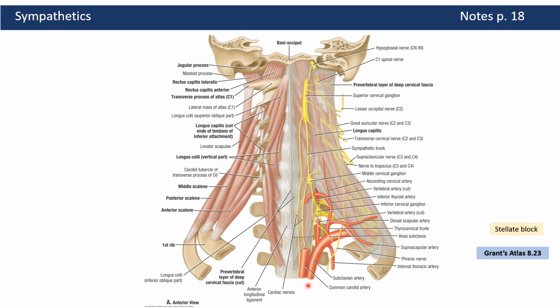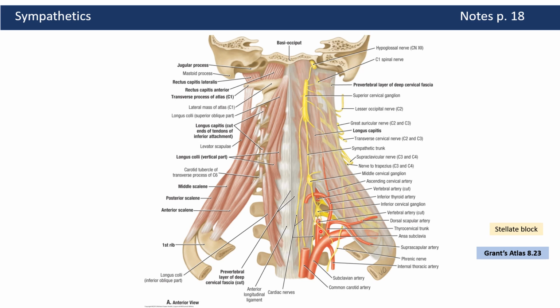Let's see, what else do we have here? So we have the vertebral artery. We also have the thyrocervical trunk and the branches that result from that, namely the inferior thyroid artery, the ascending cervical artery, and the transverse cervical or dorsal scapular artery and the suprascapular artery.